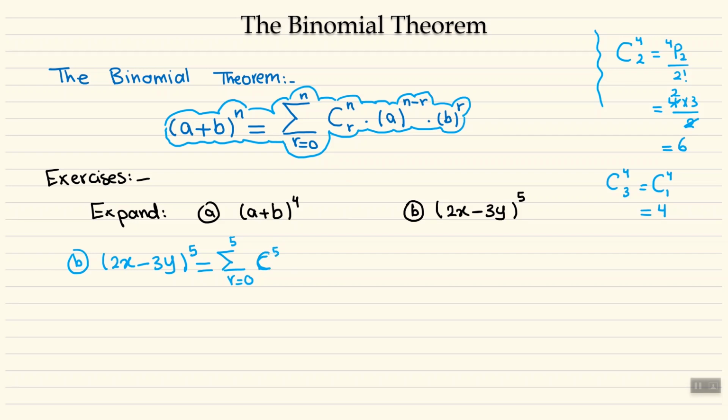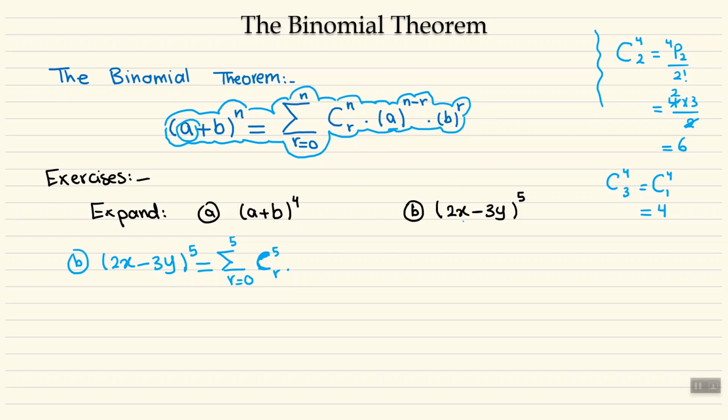N is 5, and r, as we just agreed, is not going to be only one value. It will be an array of values starting from 0 up to 5. So we'll just write r for the beginning. So r times a. This a does not mean only always the letter a. It means this first term in the binomial.